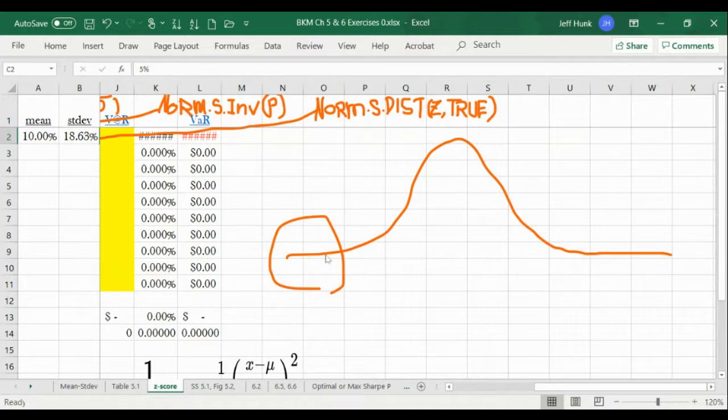And we know that one standard deviation around the mean, one standard deviation this way, one standard deviation this way, so it's two standard deviations.